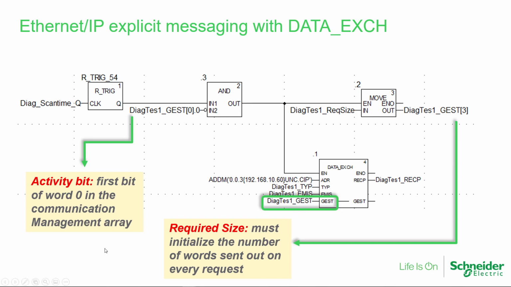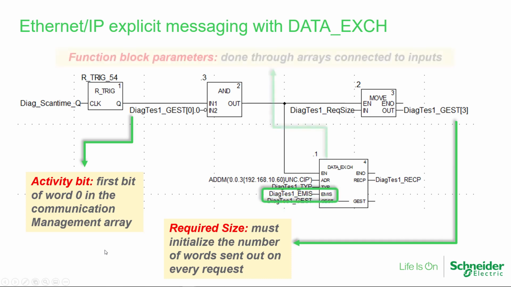Lastly, through another structure connected to one of the input pins of the data exchange function block, here's where we're going to be able to enter the values of the class, instance, and attribute that are going to be used to find the information within the object dictionary of the device.